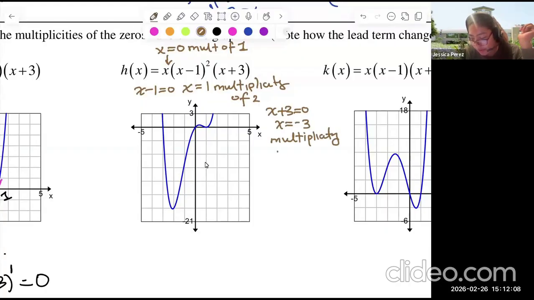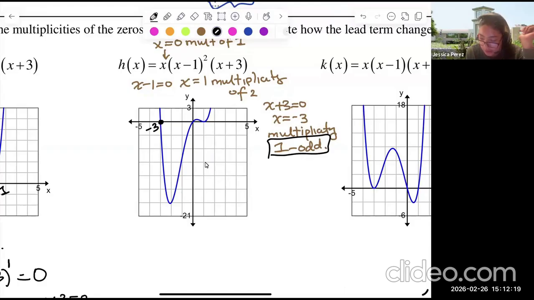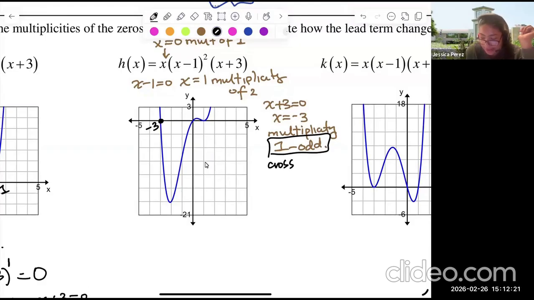If it has multiplicity of 1, that means it has odd multiplicity. So what do we know about odd multiplicity? Here we have negative 3. Because it's an odd multiplicity, it's going to cross the x-axis. See how it crossed? Now at 0, it also has an odd multiplicity because it has a multiplicity of 1, so it's also going to cross.